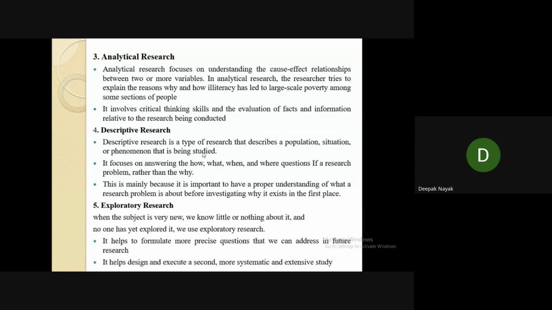It has not been explored earlier, and you are trying to explore something, to gain some fundamental knowledge about some phenomenon for the first time, to establish a ground for further research. It can be a subset of fundamental or basic research, but it can be used in both applied research and fundamental research.